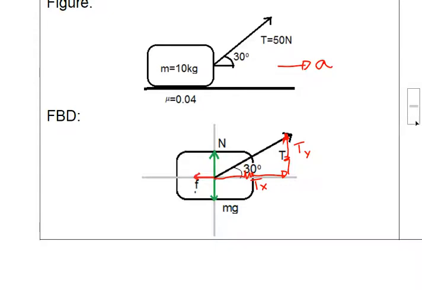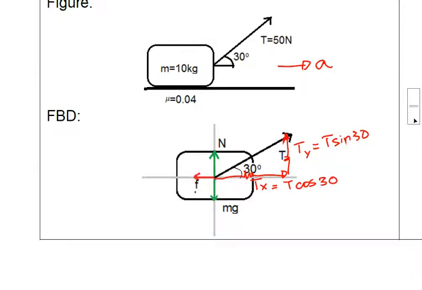Then the next thing to do is to define what is T sub y and what is T sub x. Using trigonometry, this side here is opposite to the angle, so this is T sine 30, while this one is T cosine 30.